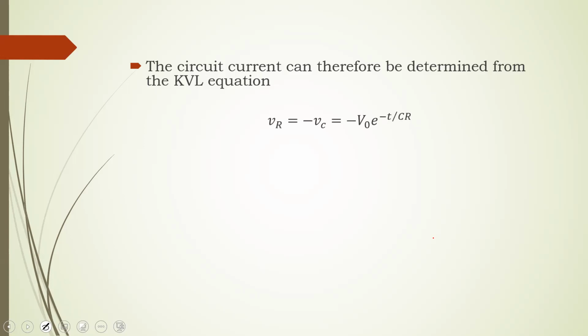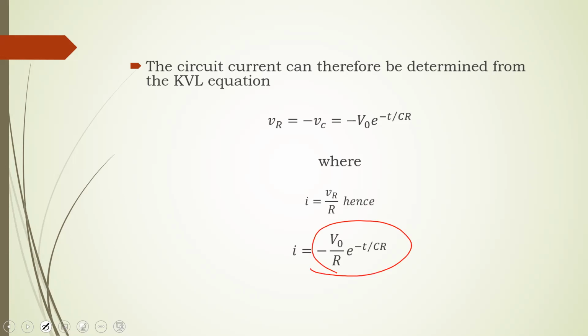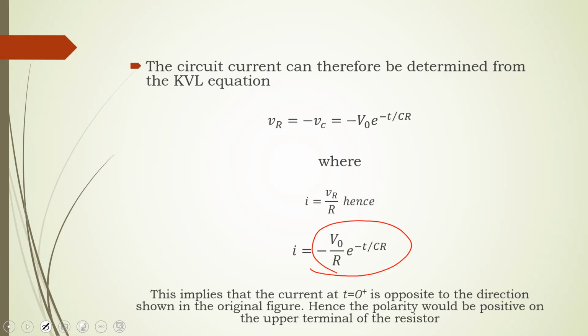So VR is equal to minus V0 e to the minus t over CR. All right? So I is equal to minus V0 over R, e to the minus t over CR. What this is telling us is that the direction is opposite to what we had established. Remember I mentioned that earlier?